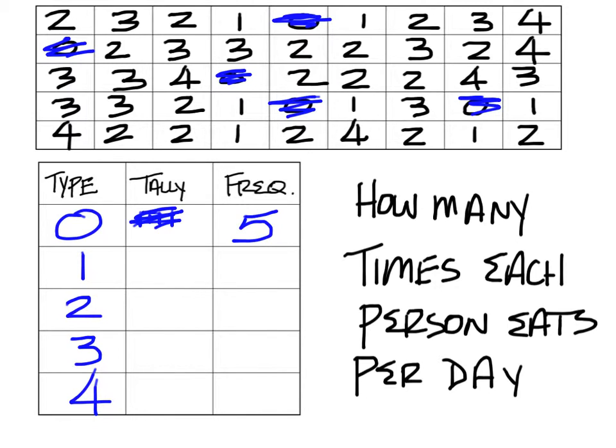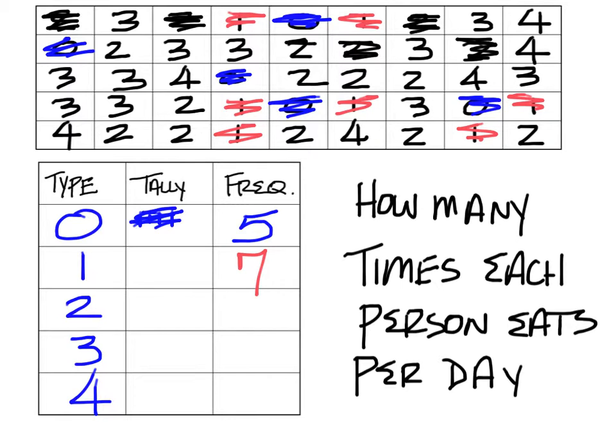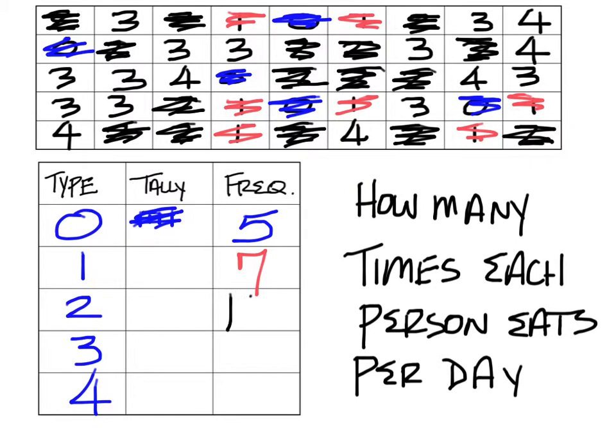And then I have, for the ones, 1, 2, 3, 4, 5, 6, 7. For the twos, I have 1, 2, 3, 4, 5, 6, 7, 8, 9, 10, 11, 12, 13, 14, 15, 16.